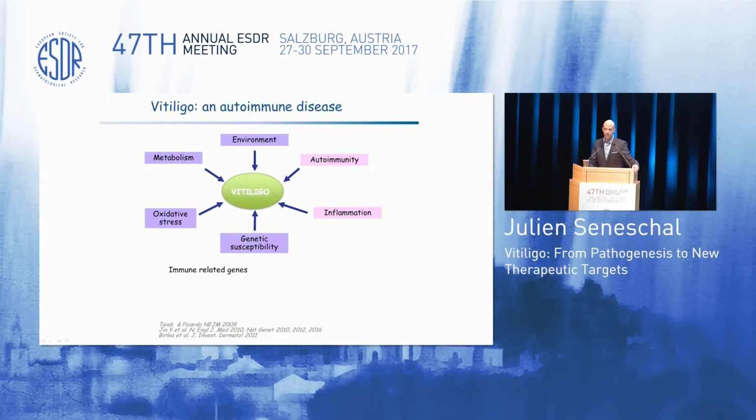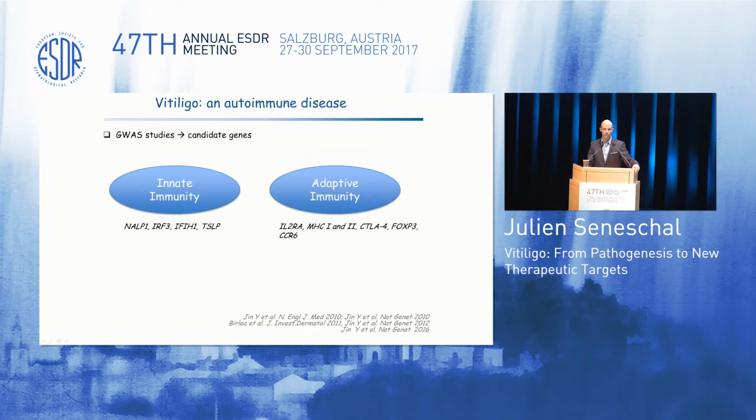Vitiligo could be considered an autoimmune disease because all these genes identified in vitiligo are also observed in other chronic disorders such as rheumatoid arthritis, type 1 diabetes, atopy, and alopecia areata, confirming an association between vitiligo and these diseases.